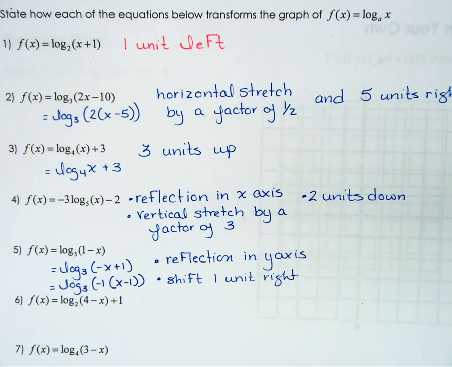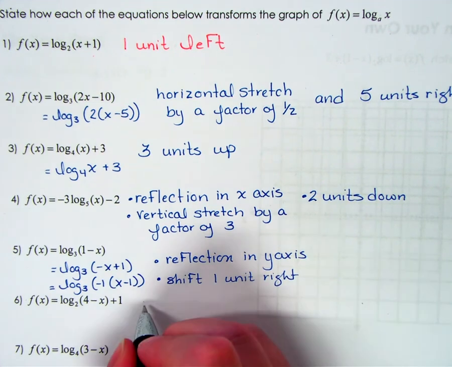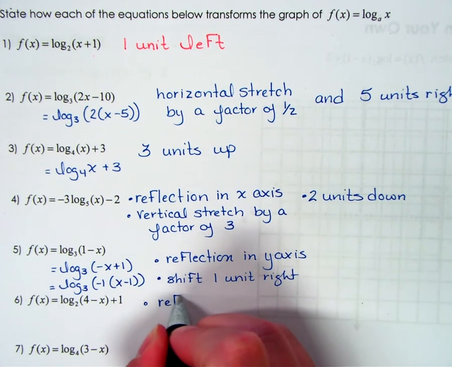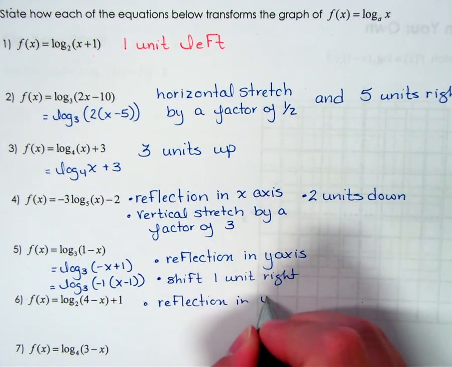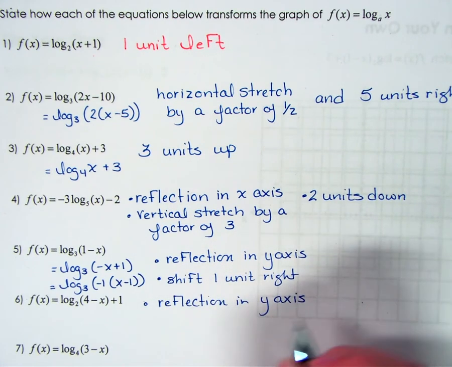So looking at number 6, it looks almost exactly like number 5. Can you do it in your head without doing the math? Okay, we'll try it. A reflection in the y-axis.